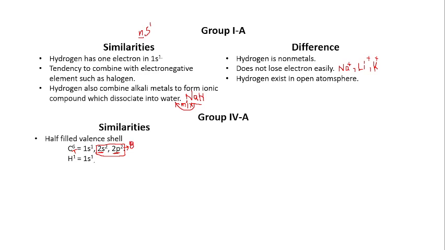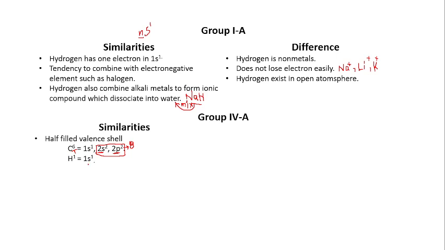According to the octet rule there should be 8 electrons in a valence shell. So there are only 4 electrons in the valence shell of carbon, and we can say that carbon has a half-filled valence shell.